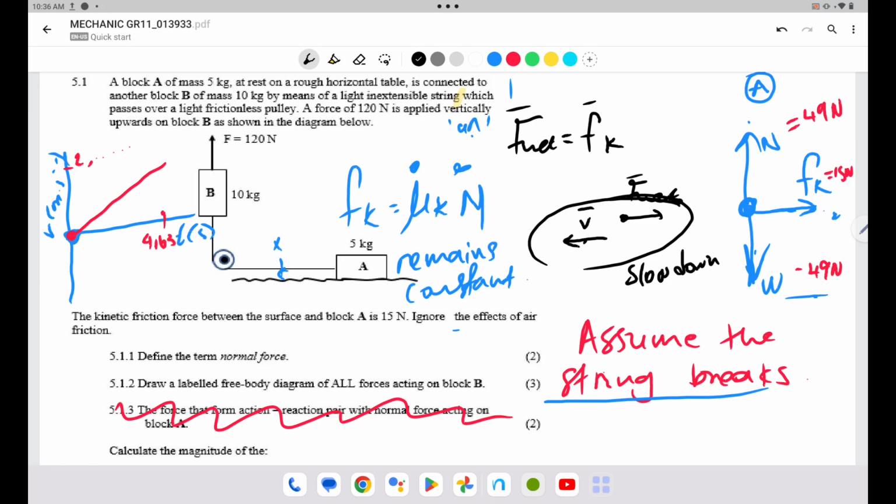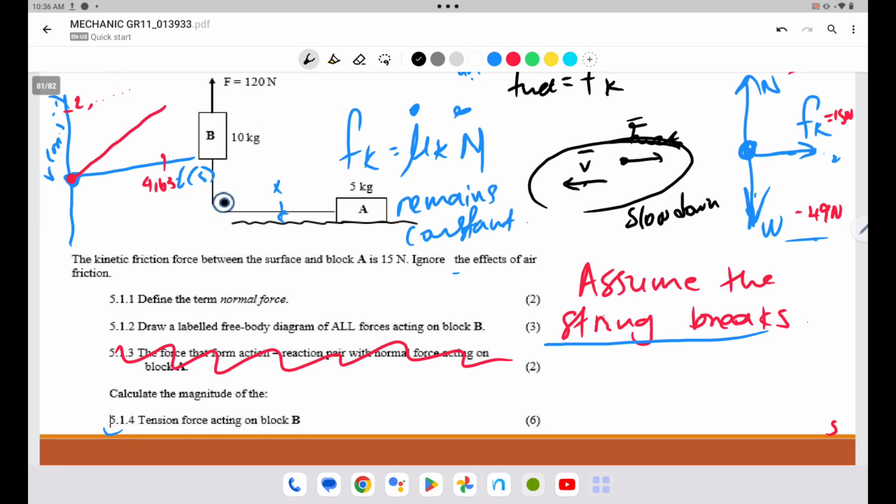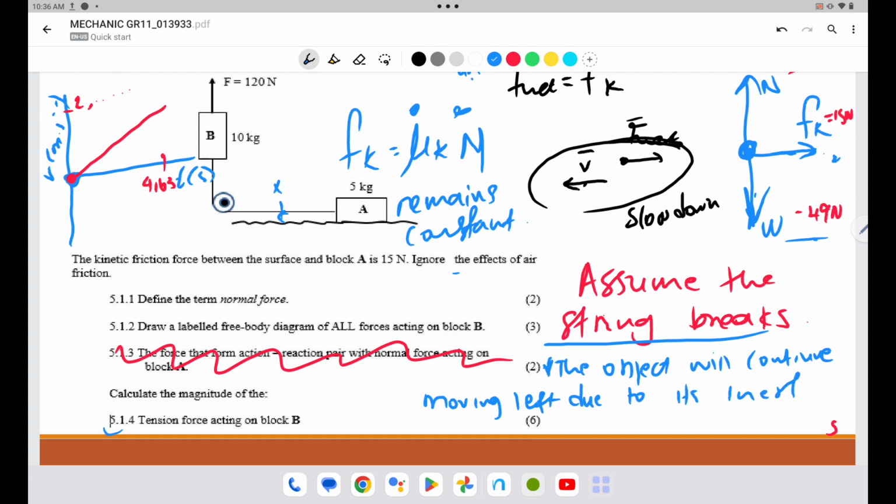So if the string breaks, point number one, the object will continue moving left due to its inertia, due to its ability to resist the change in its state of motion.